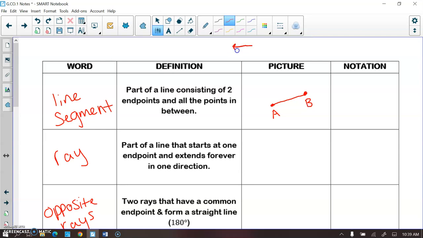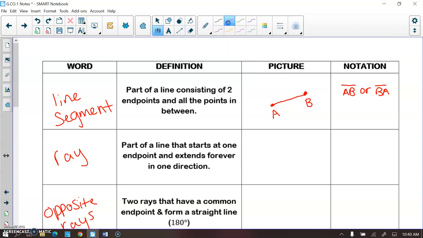Remember, with a line, we would draw this little line above it and write AB, line AB. But with a line segment, we just draw a segment like this. We do not put dots on the end of that, and then we just put AB. Or this could be called segment BA.